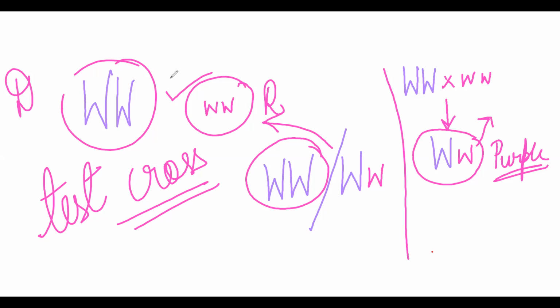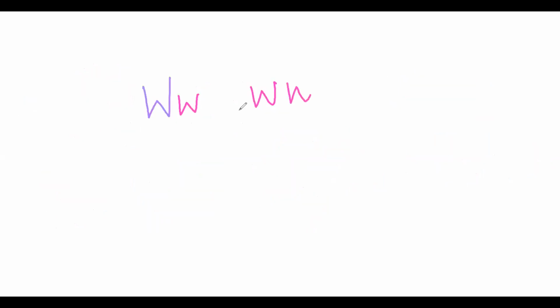In the other case, if the plant is heterozygous, when such a plant is crossed with a homozygous recessive, the gametes will be like this.